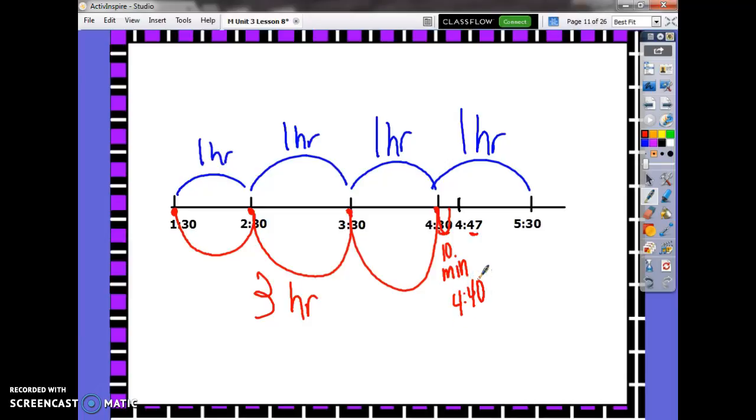Then from 4:40 to 4:47, I just need to add another 7 minutes. For many of you, you could have just added the 17 minutes right away, and that would have been perfect. So the total elapsed time between 1:30 and 4:47 is 3 hours, and then 10 plus 7 is 17 minutes.